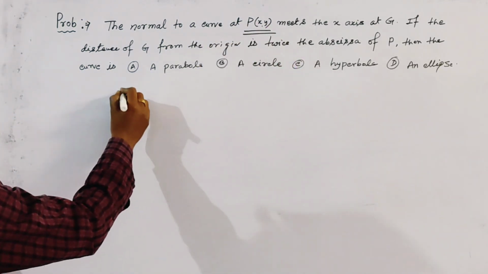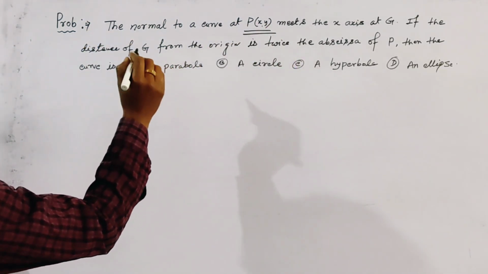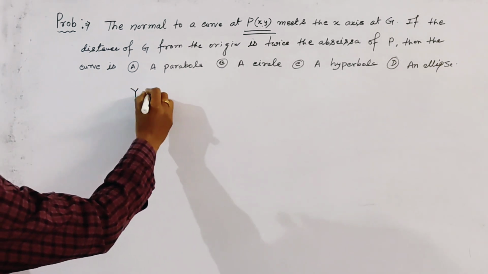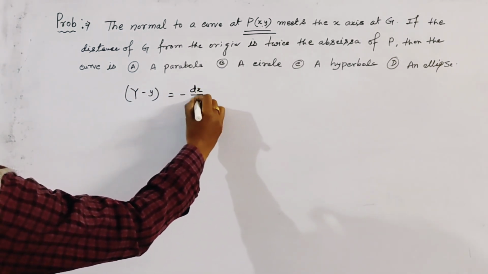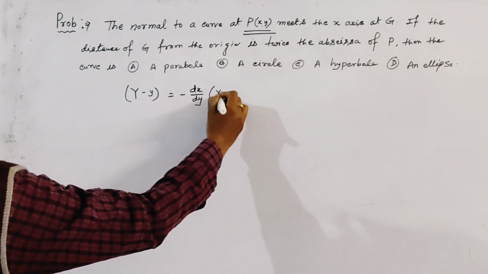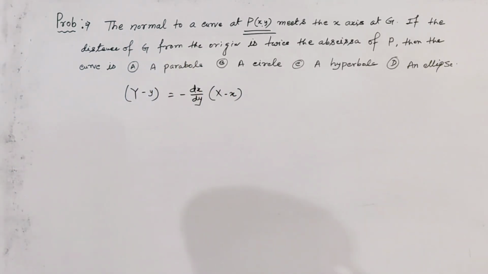Clearly, the equation of the normal is given by Y minus y equals minus dx/dy into X minus x. This is the equation of the normal.